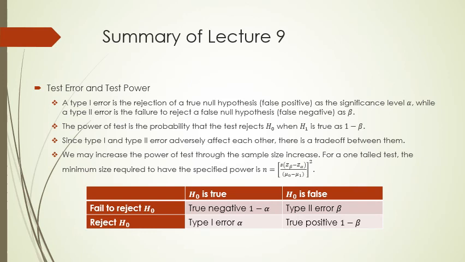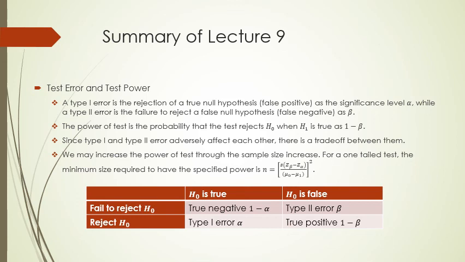In summary, we learned the type 1 and type 2 error, power of the test, and the hypothesis test for proportion in this lecture. A type 1 error is the rejection of a true null hypothesis, also known as false positive, at the significance level alpha, while a type 2 error is the failure to reject a false null hypothesis, also known as false negative, with probability beta. The power of the test is the probability that the test rejects the null hypothesis when the alternative hypothesis is true, given as 1 minus beta.